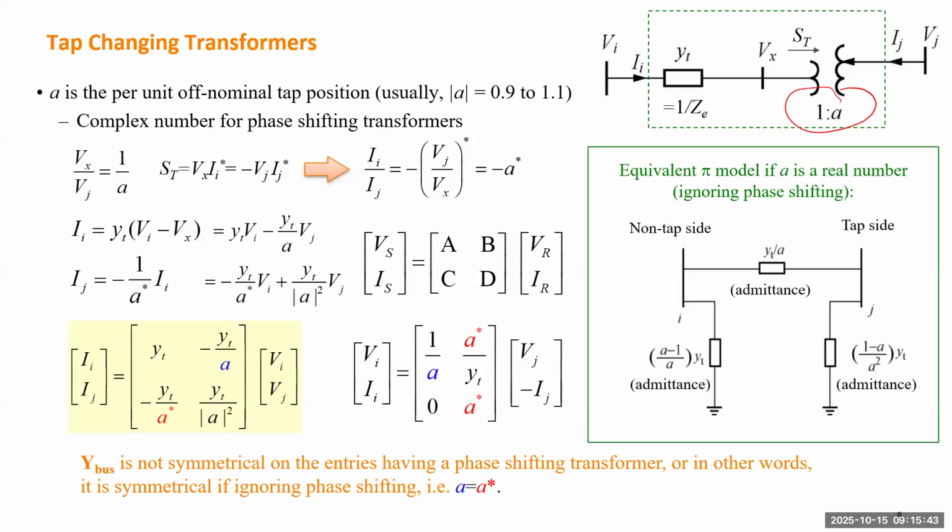A transformer can vary voltage by positive or negative 5 to 10%, so A will change around 1, maybe from 0.9 to 1.1 at most. But basically A will be close to 1. And we need to know the equivalent impedance of the entire transformer, and we change it to admittance here.